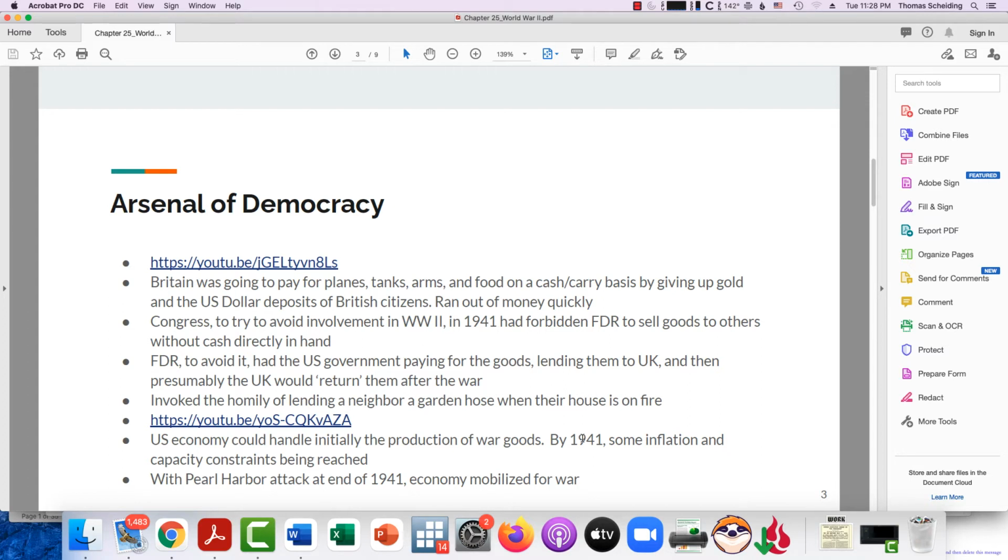So now everyone's employed, everything is happening well. You don't get a lot of inflation because the economy really wasn't being pushed to its limits. And then by the end of 1941, we have Pearl Harbor, which then makes the involvement of the United States in the war pretty much a moot point.